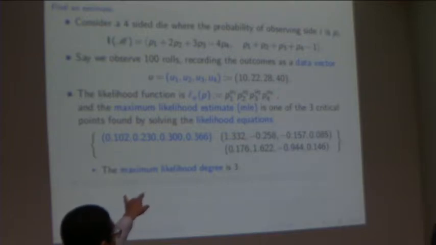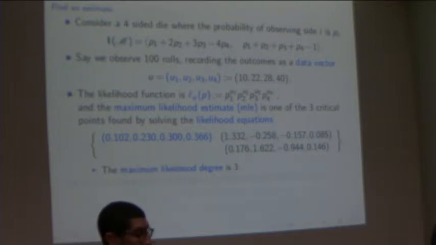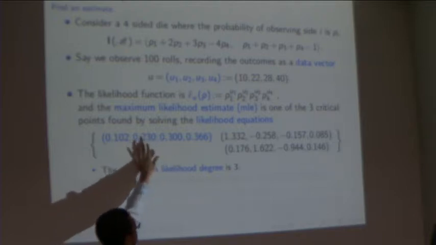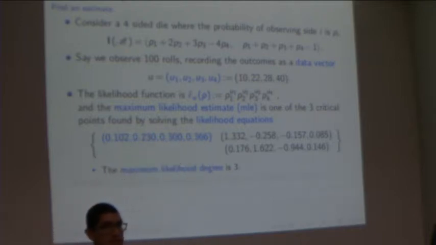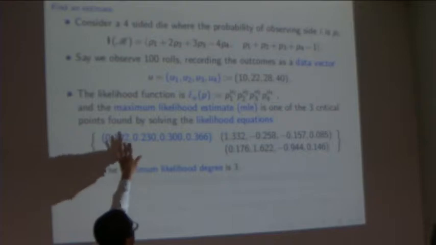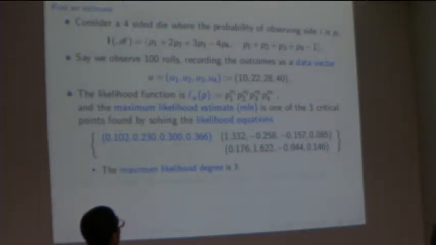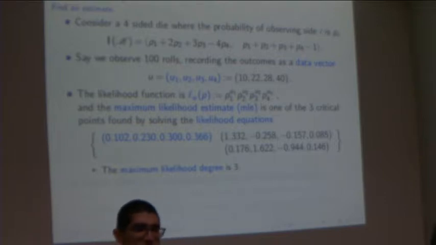And the maximum likelihood estimate maximizes this monomial over our model. It's going to be one of the three critical points found by solving the likelihood equations. So here are the 1, 2, 3 critical points. And here's the one that's the winner, but the maximum likelihood degree is 3 because we had 3 in the generic case.